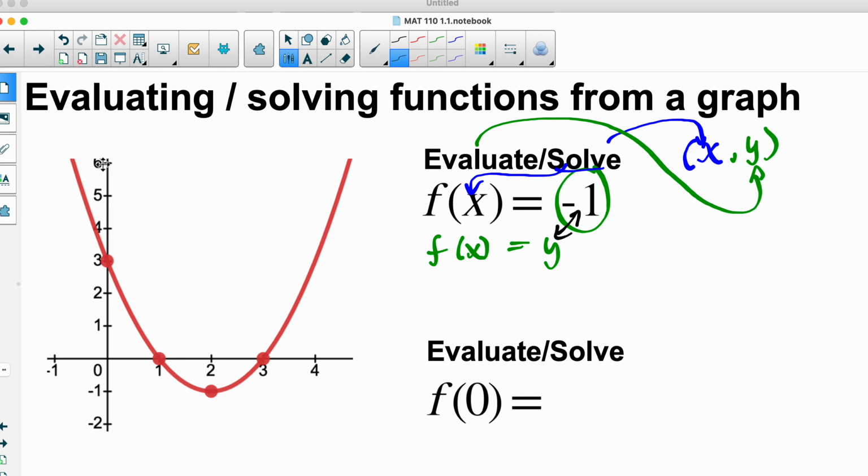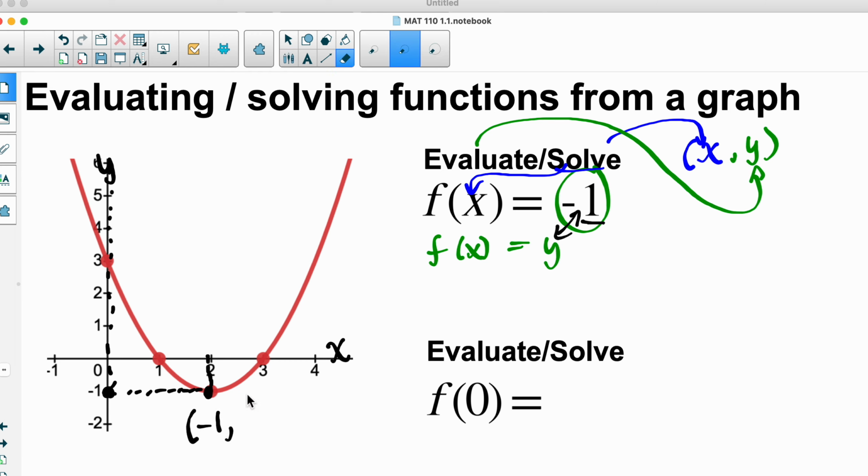We want to find what x equals when y equals -1. Well, here's my y-axis. Here's my x-axis. So if y equals -1, I want to travel down until I get to -1, and then I want to travel over until I hit the graph right here. What x value is that? 2. So when y is -1, x is 2.